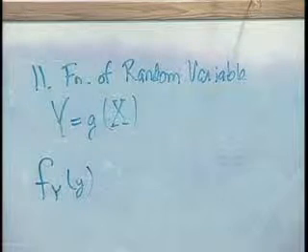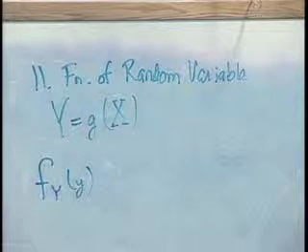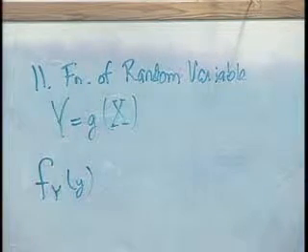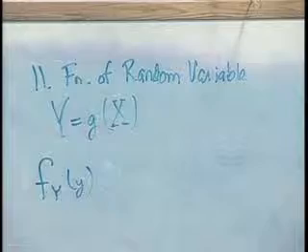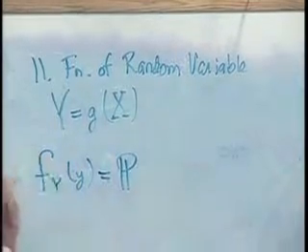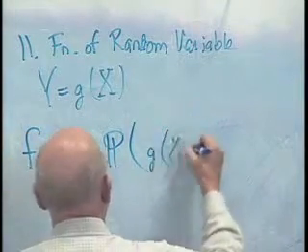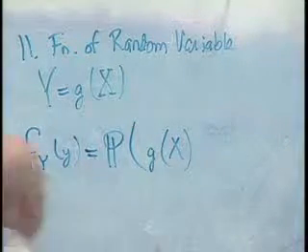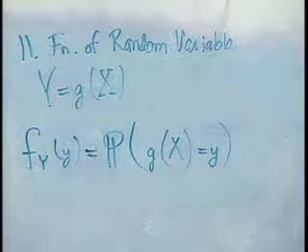You might ask, if I define a random variable like this, how do I get the mass function for the new random variable? And you might think that it was some simple formula involving f and g, and it does involve f and g, but it sure enough isn't a simple formula. Here's why. What is this? This is the probability that the random variable y, which is simply the result of taking the random variable x and applying the function g to it, is equal to the value little y.